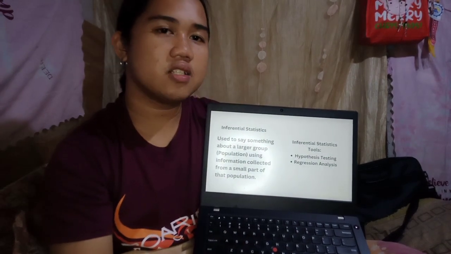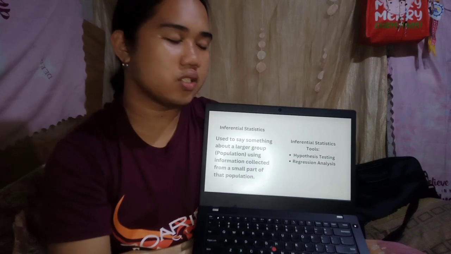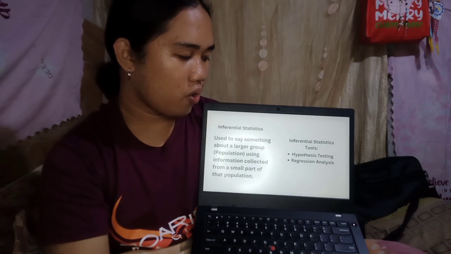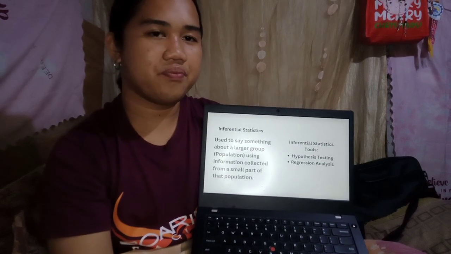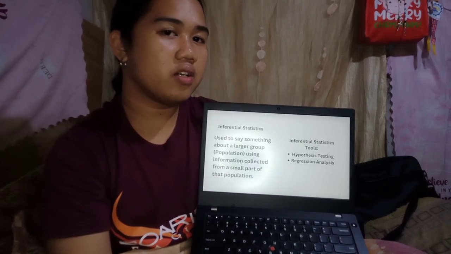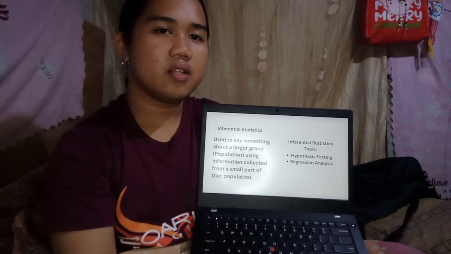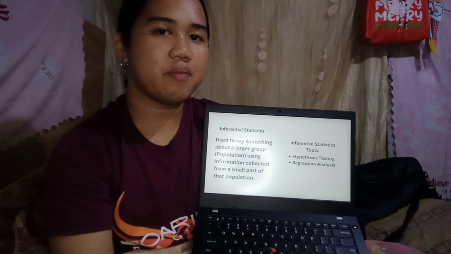In inferential statistics, we have two tools: hypothesis testing and regression analysis. We are now finished with statistics, and we will move on to the data, the types of data, and measurement scales.